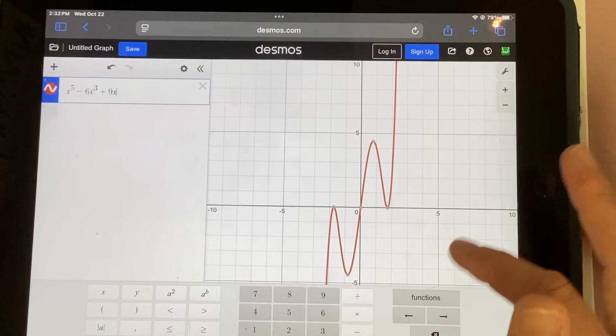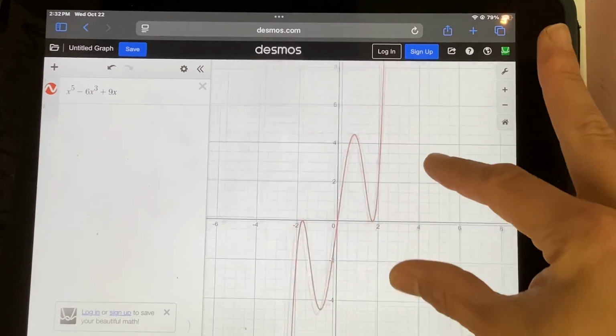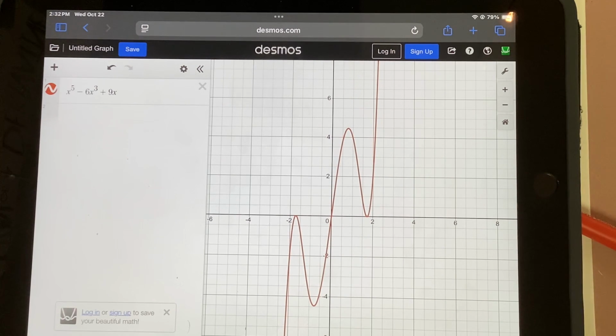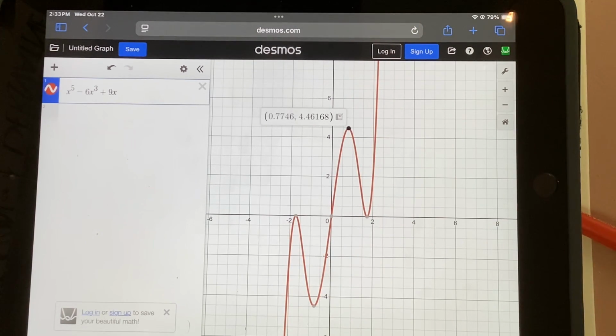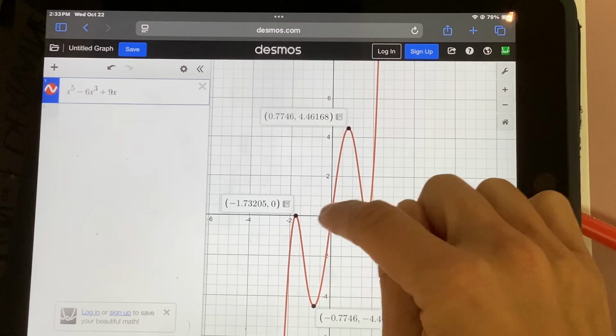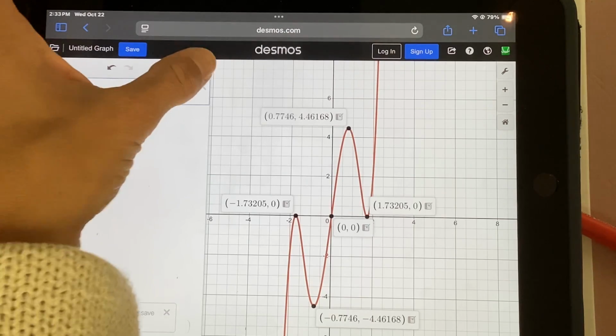All right, so the nice thing about Desmos, if you've used it before, is it's kind of more like a touch screen. And so you can just touch the graph where you have max and mins and the point will pop up. So when you're doing your homework, if you want to grab an iPad and use Desmos, feel free because you can just kind of touch it. You see how the point just popped up? And you can just get all the points like that, which is super cool, right?